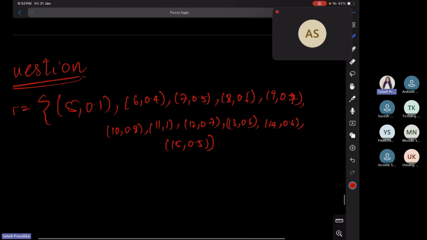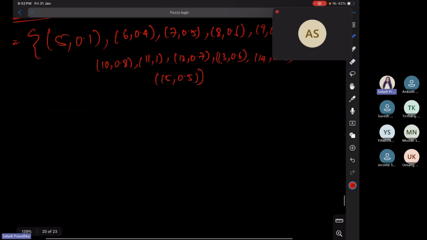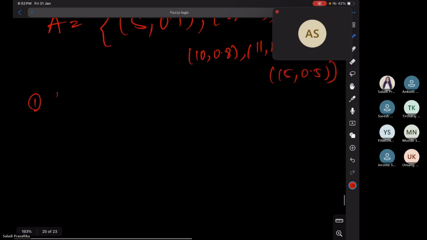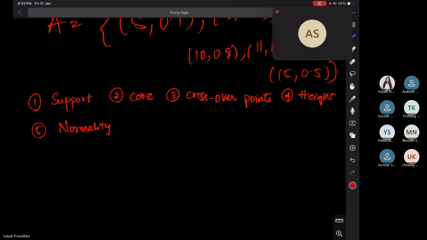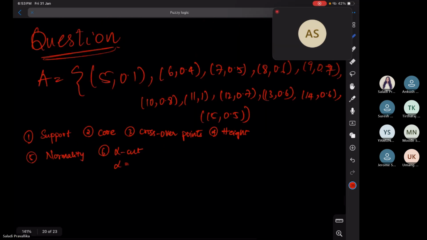Okay. Let's find all the things that we have done from the beginning: support, crossover point, normality, alpha cut, and for alpha, what value shall we take?